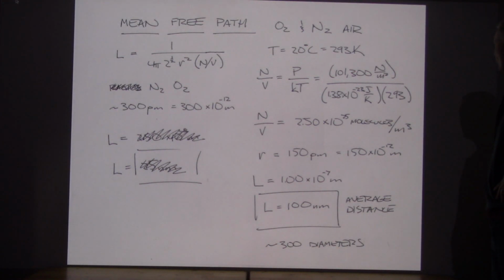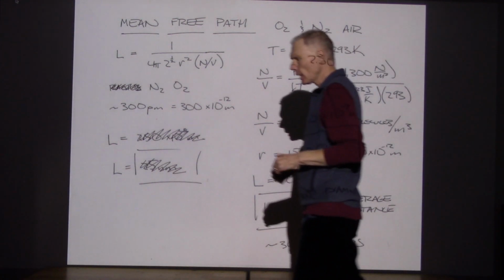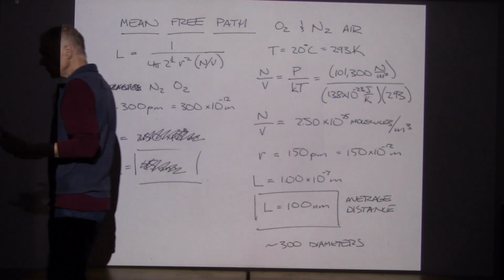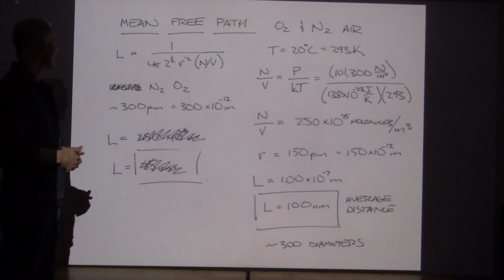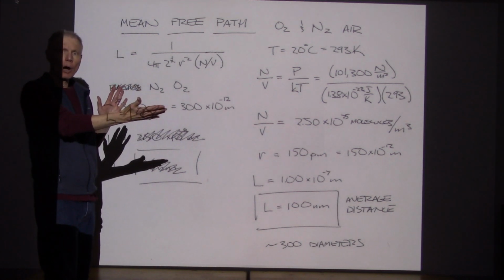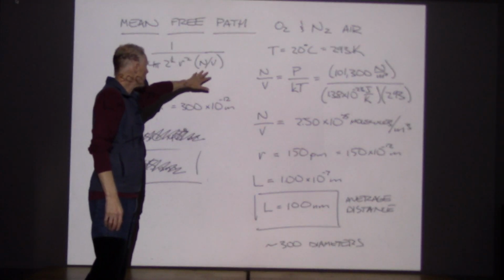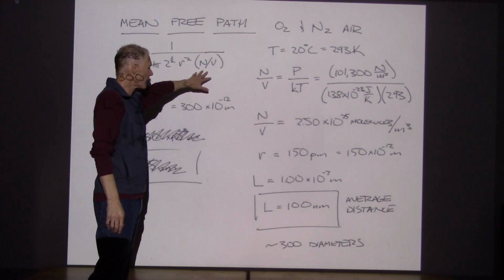Now as the temperature goes up, the N per volume is going to go down. So as temperature goes up, we've got not as many molecules per cubic meter. And that means that the mean free path is going to get longer. And that's what's happening with the formula that we've got right here.